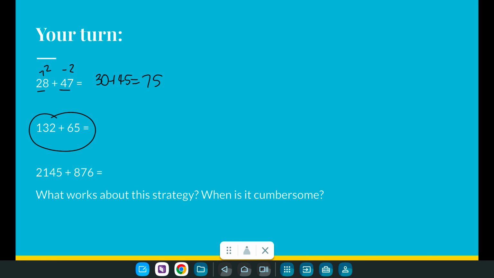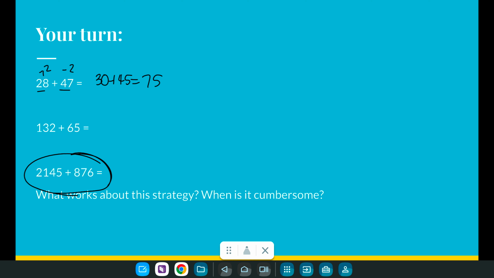What's the problem with this? The problem is that neither one of these answers is very close to a friendly 10. And then this one, even if you get this to a friendly 10, you still are running into having to add these values together. And it's not necessarily as helpful as we might consider. And then when we get down here, this one would be really difficult to make friendly.